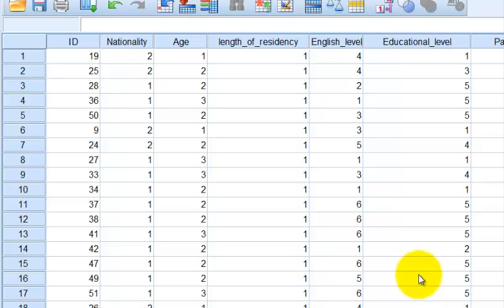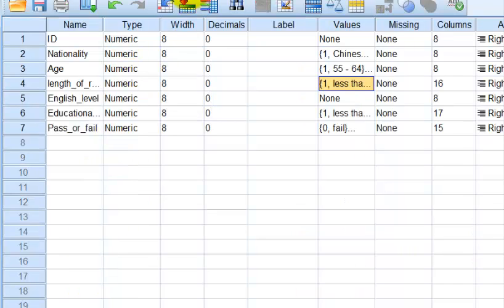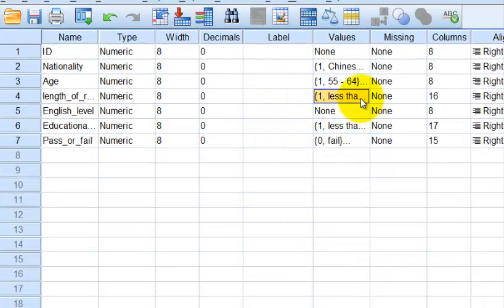So from the data, there's one thing we need to make a change: the length of residency. We're just going to transform the variable into 3 levels, and we just do it quickly for you, because when you originally sent out the Excel sheet, we didn't know the approximate range of the length of residency of your participants.